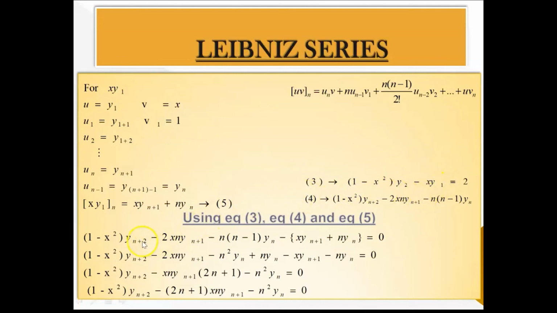So I just simply substituted the values here, which was (1 minus x squared) y(n plus 2) minus 2x n y(n plus 1) minus n(n minus 1) yn. This whole chunk is equivalent to the nth derivative of (1 minus x squared) y2, and then the minus is from there, and x y1. This chunk is equation number 5, which is this.